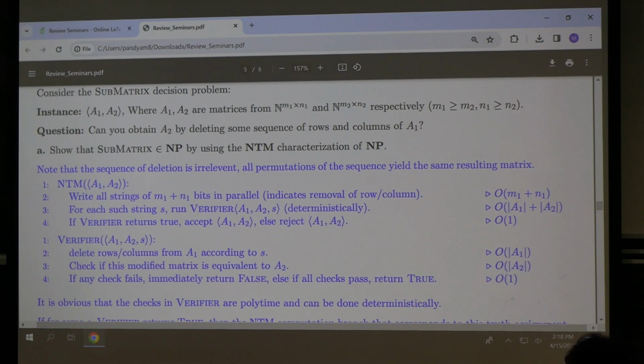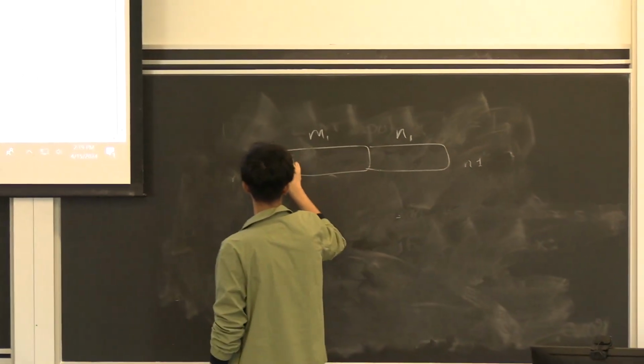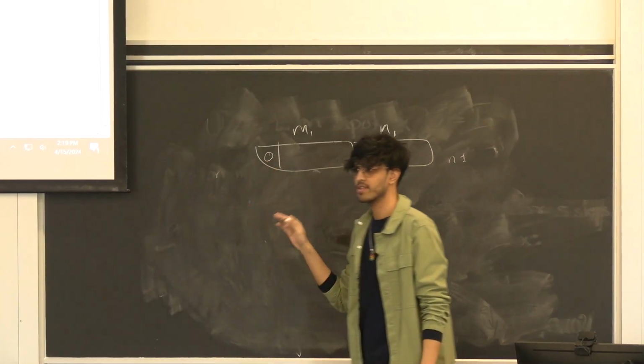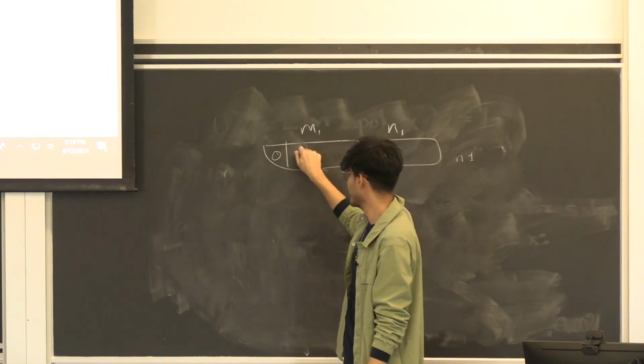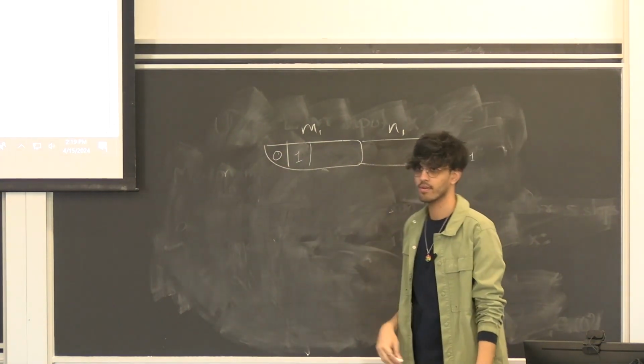The first M1 bits correspond to the rows, and the next N1 bits correspond to the columns. If the first value is 0, that means you keep row 1. If the second value is 1, it means you wipe row 2, and so on and so forth. That's all you need.